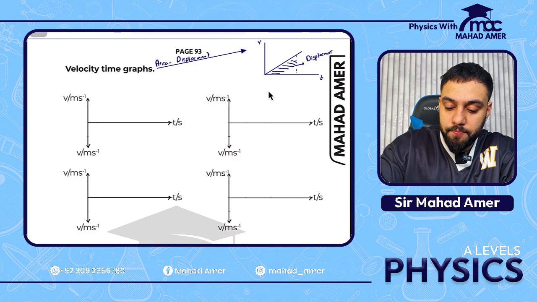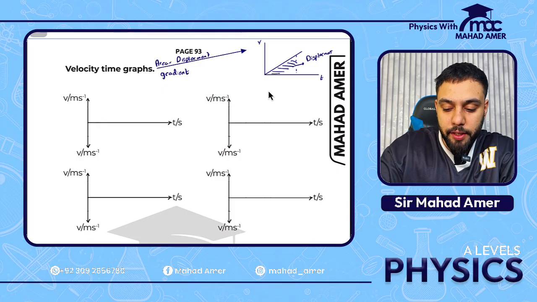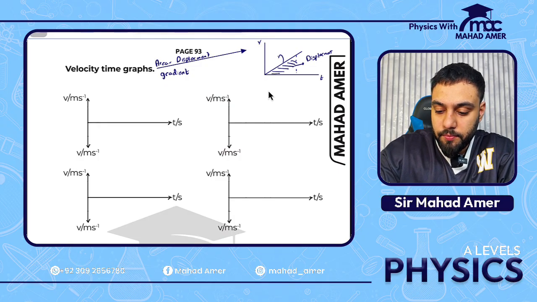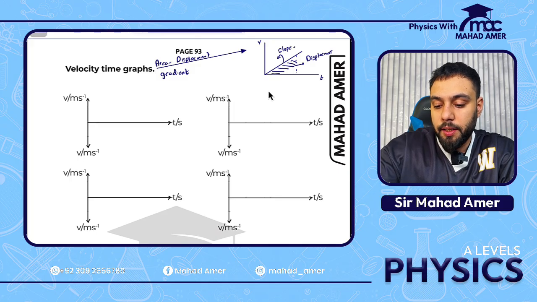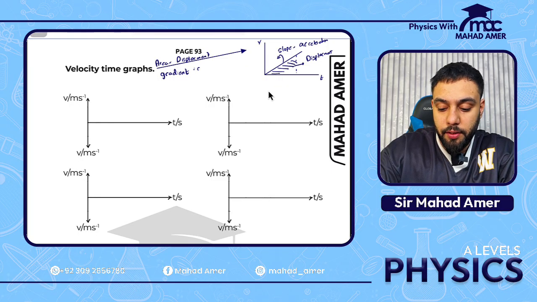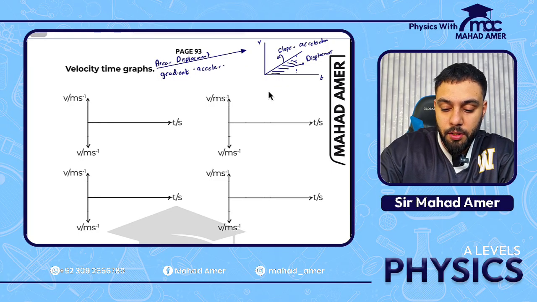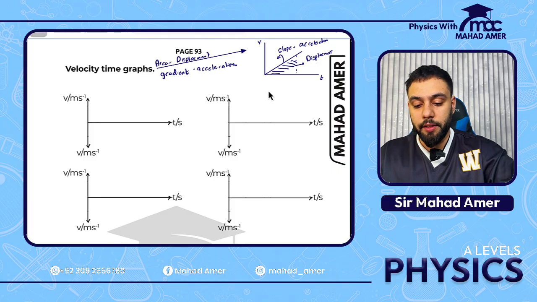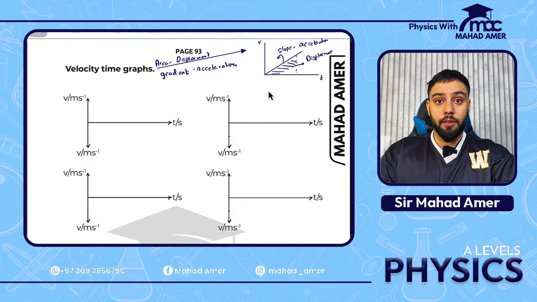And the gradient, the y2 minus y1 over x2 minus x1, the slope, gives us acceleration. So the gradient gives us acceleration. These are the two things that you need to remember: the area of a velocity time graph gives us displacement and the gradient gives us acceleration.